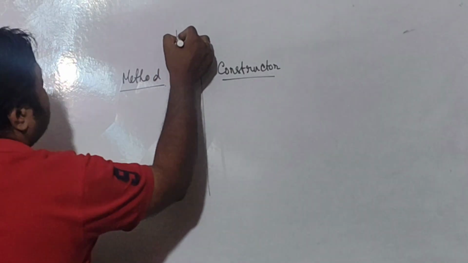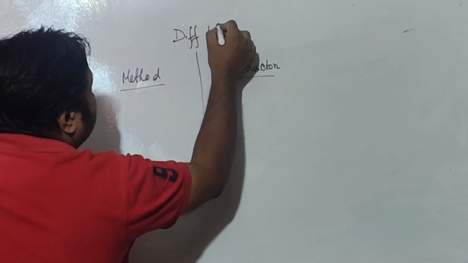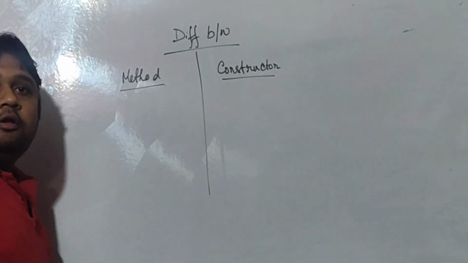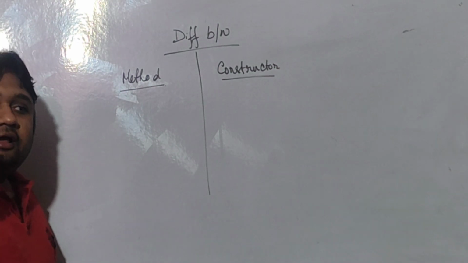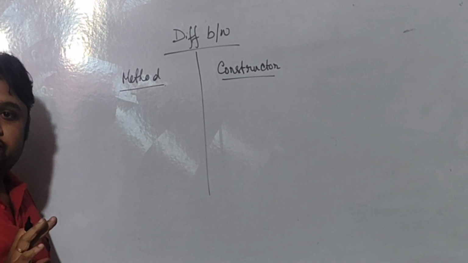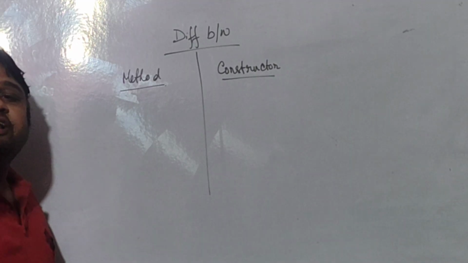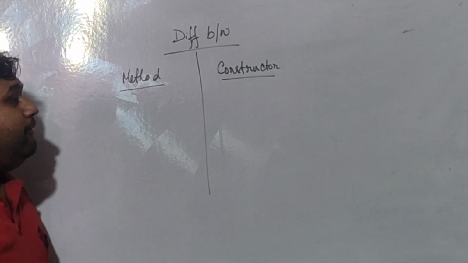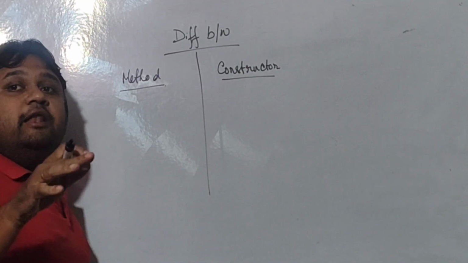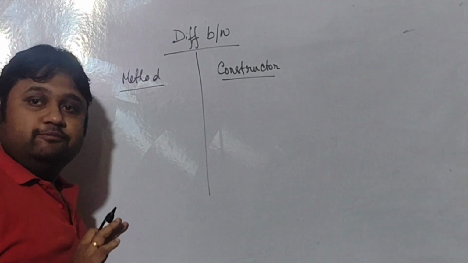Now the next one. Difference between method and constructor. After 2029, the Council is focusing on your MCQs, not the descriptive definition, difference or characteristics related questions. Now, this difference will help you to solve the MCQs.